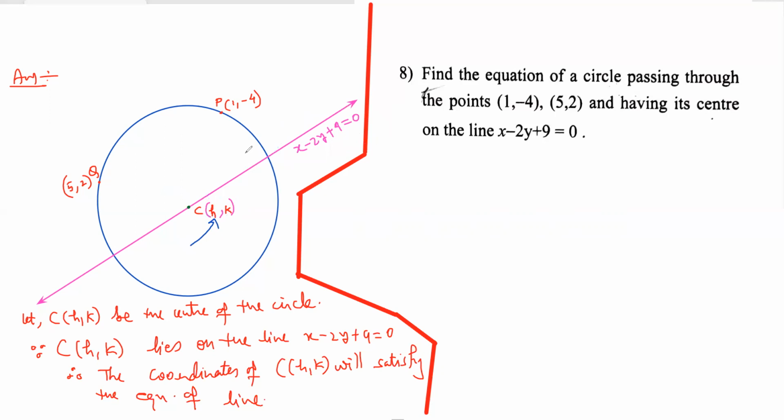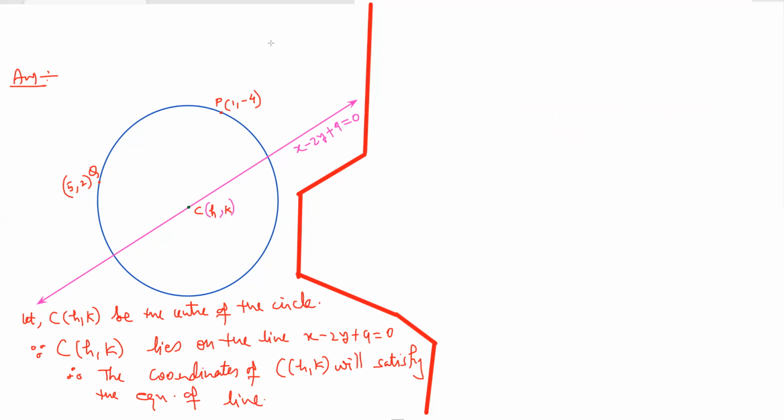Therefore, h minus 2k, I'm putting h and k in place of x and y. h minus 2k plus 9 equals 0. That is, h minus 2k equals minus 9. This is equation number 1.